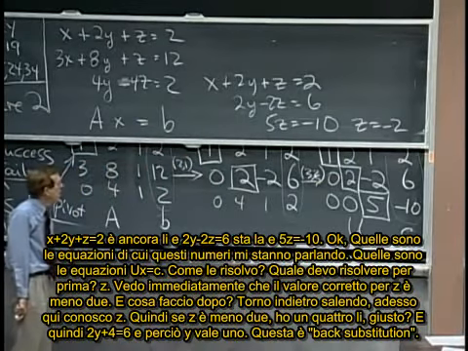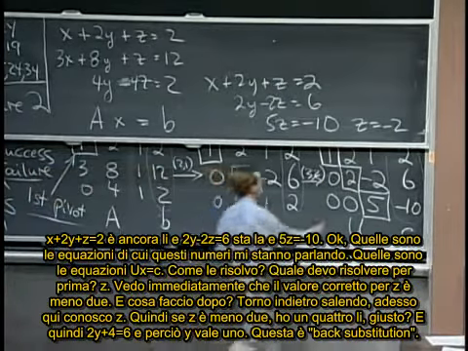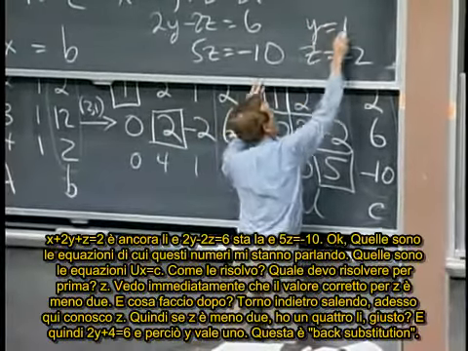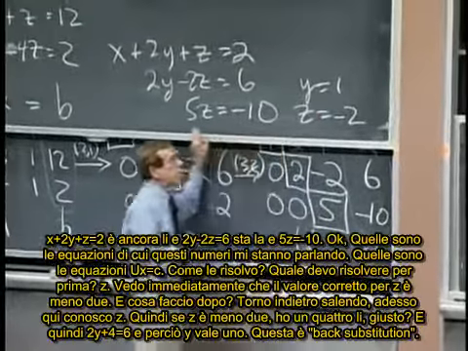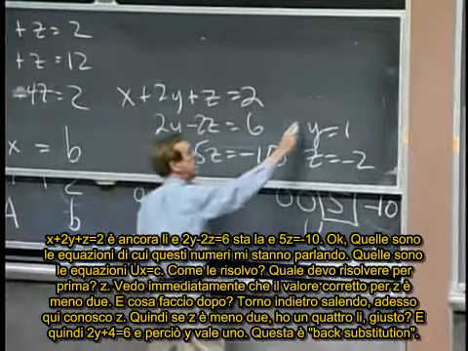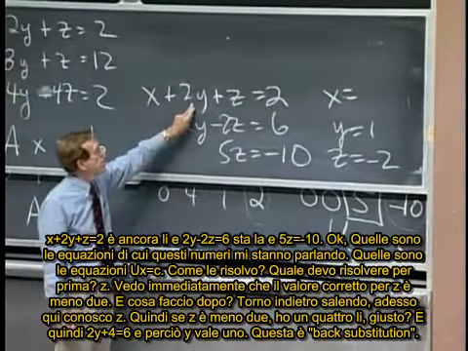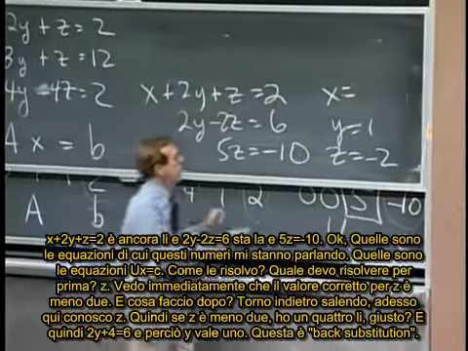Is that right? And so 2y plus the 4 is 6. Maybe y is 1. This is back substitution. We're doing it on the fly because it's so easy. And then x, 2y's is 2, minus 2. Maybe x is 2.